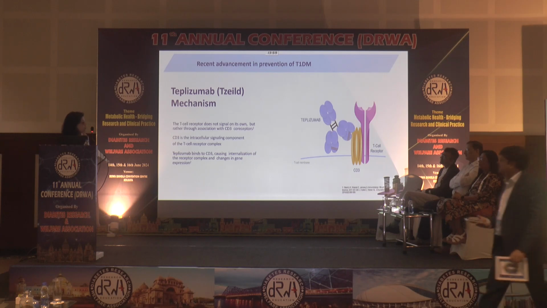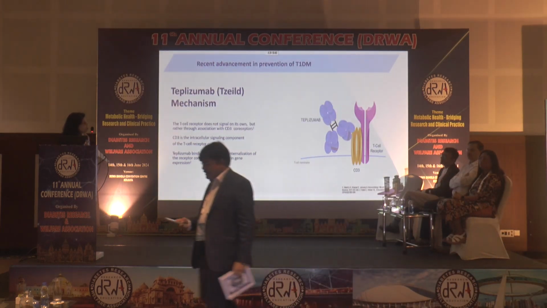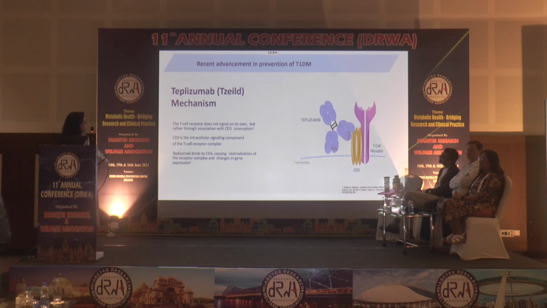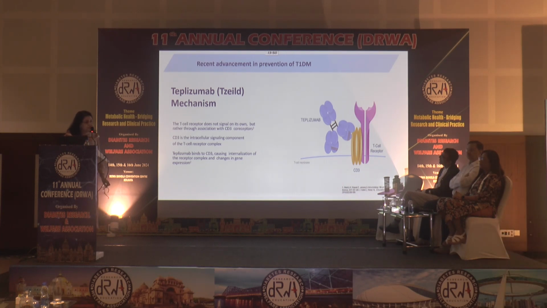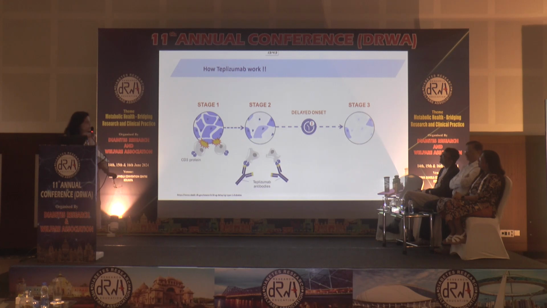Now what does teplizumab do? It binds to the CD3, causing internalization of the receptor complex and changes in gene expression. So now this T cell receptor complex cannot damage the beta cells for some time.